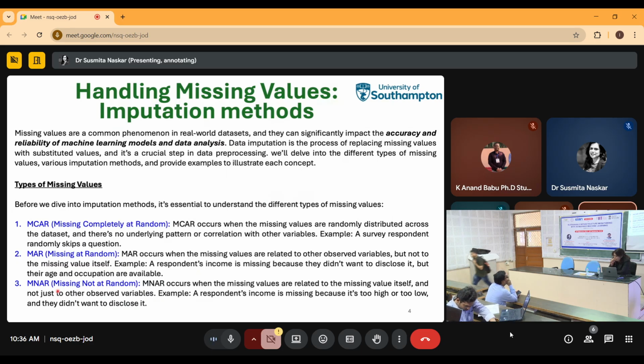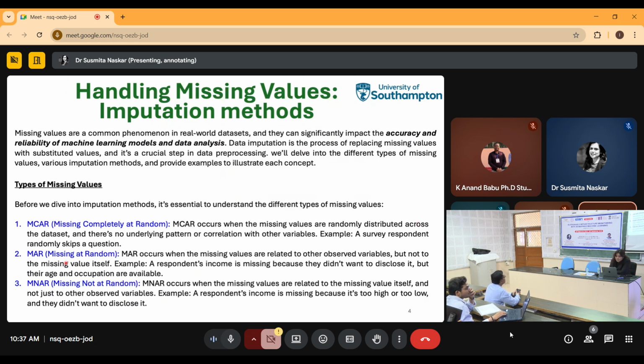MCAR is basically missingness which is unrelated to anything in the data. An example can be a respondent accidentally skipping a question, right? That's not going to affect the other questions. The impact is generally that listwise deletion won't bias the estimate, but you lose power in some way, right? And simple imputations are usually fine for this.